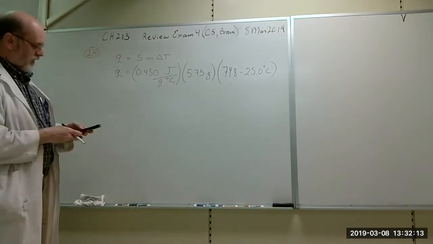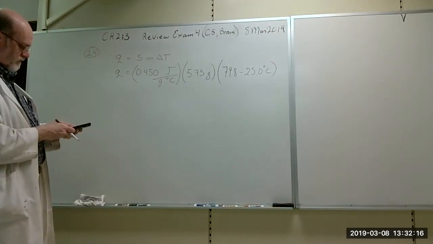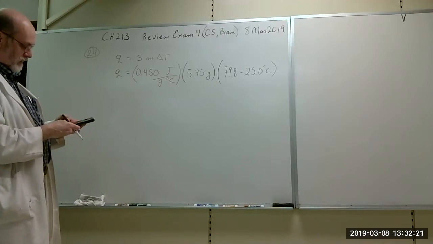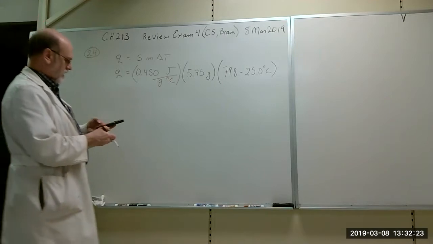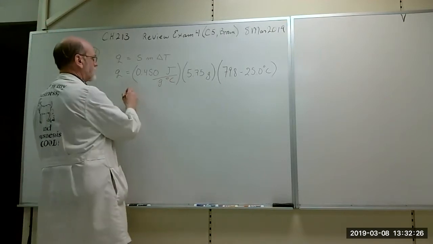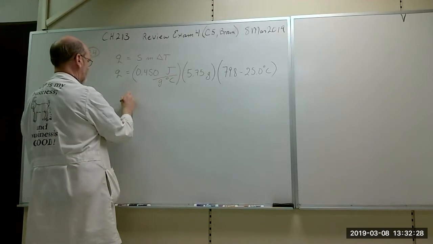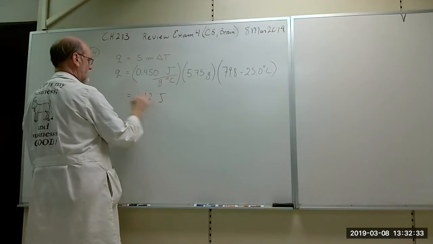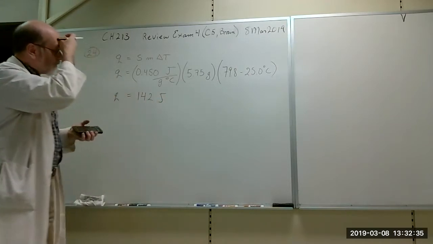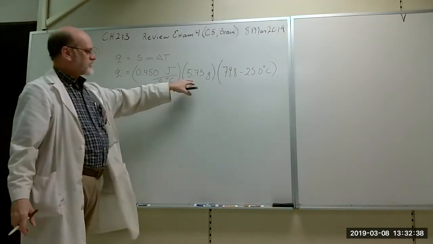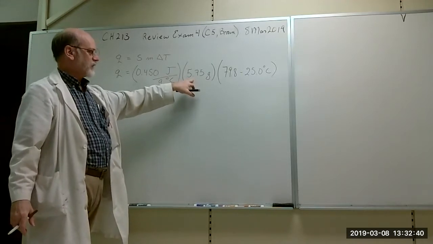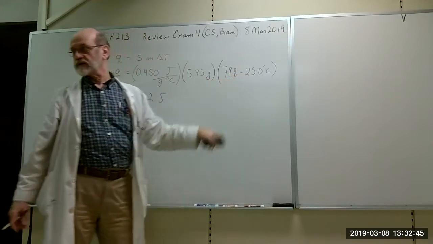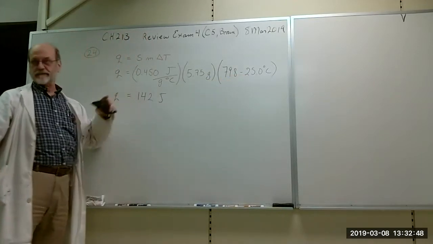Let's see, 0.45 and 5.75, times 79.8 minus 25. I get 142 joules, rounded off. That's the heat required to raise the temperature of 5.75 grams of iron from 25 to 79.8 degrees. It takes that many joules to do it.